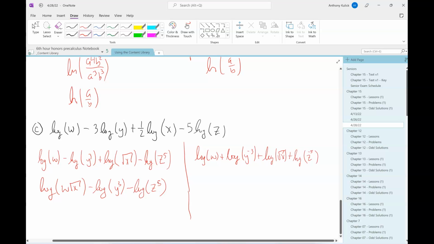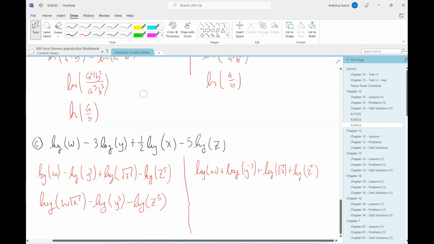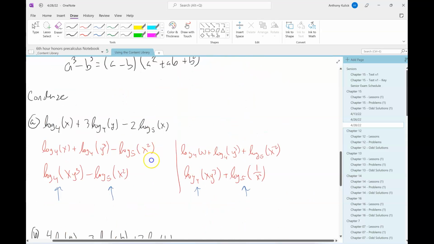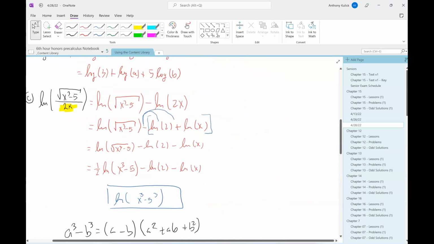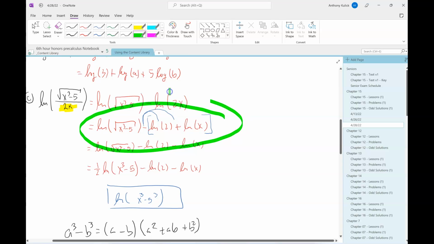However, I did trick you with the number of product properties because there's a second one here that you haven't done yet. Here's my hint to you. Remember back when we expanded, when we had to distribute that negative?